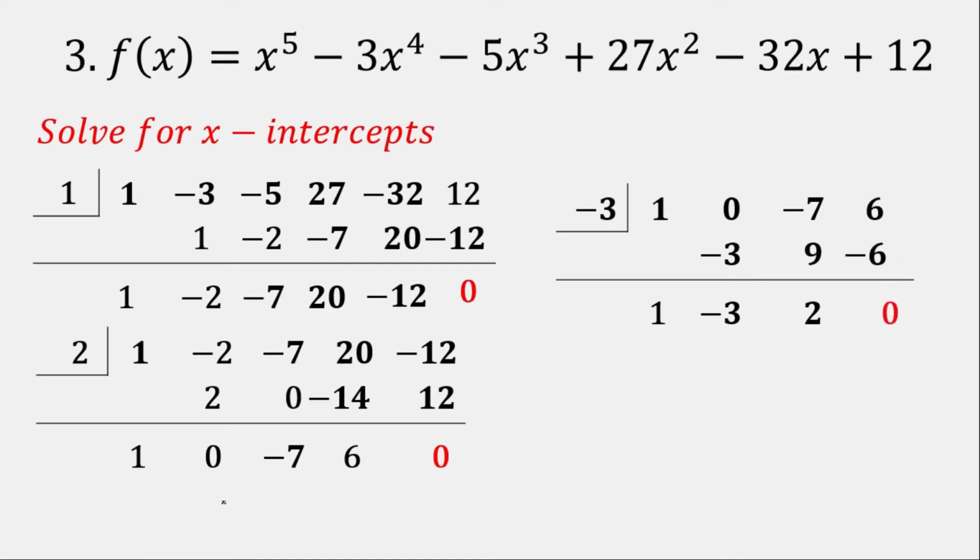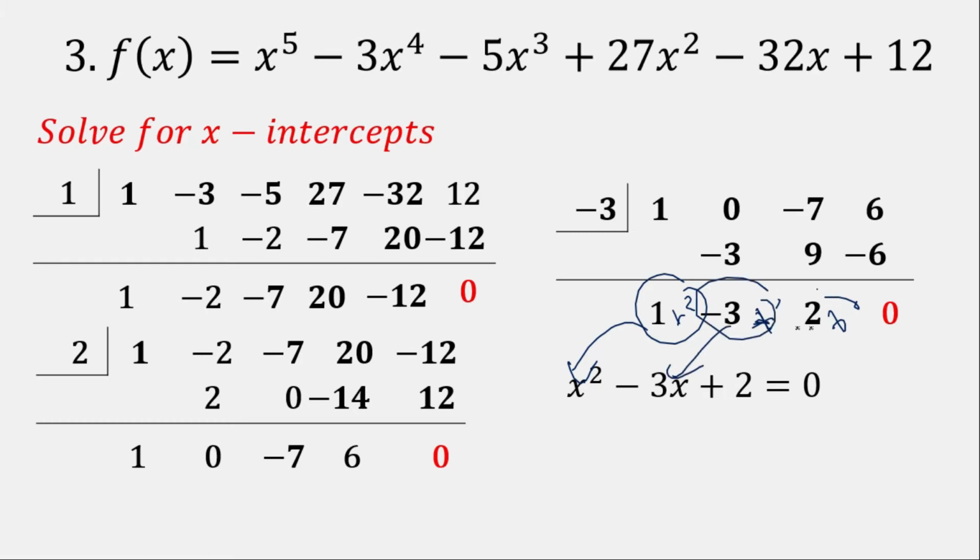At this point, for the sake of discussion, I will try to find x by factoring this. Again, let's start with x raised to 0, x raised to 1, and x raised to 2. So if we factor this out, we have positive x, negative 3x, and positive 2 equal to 0.